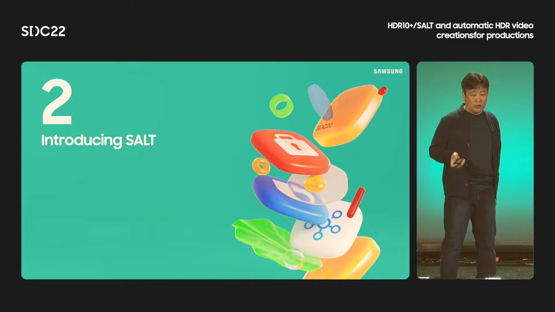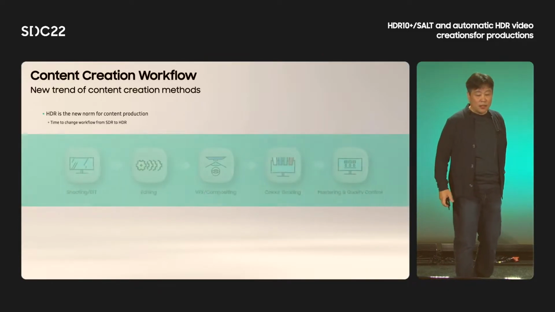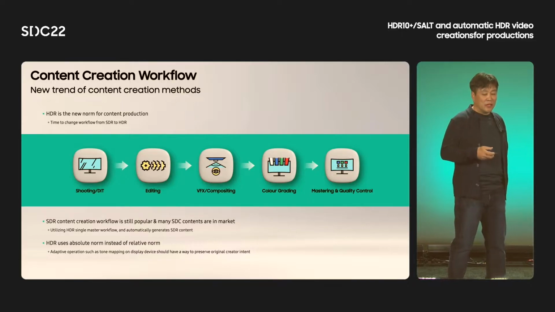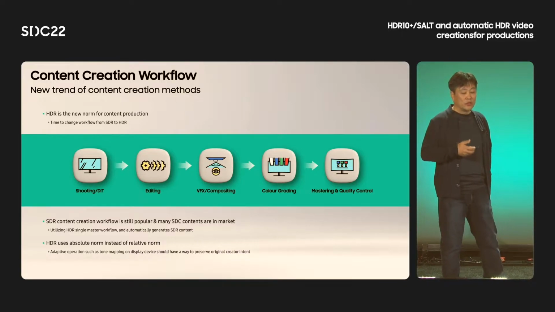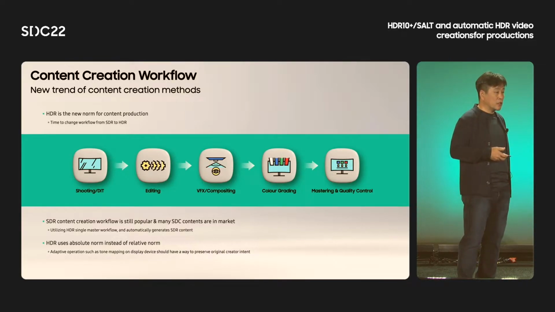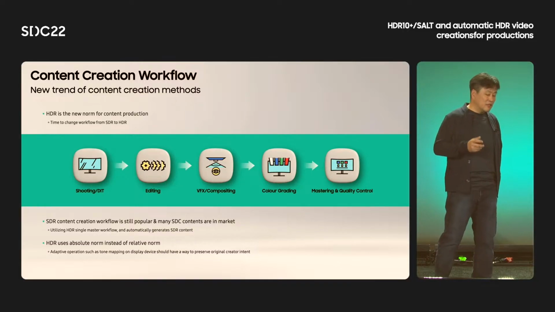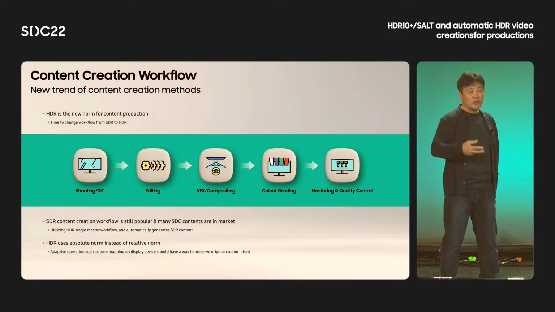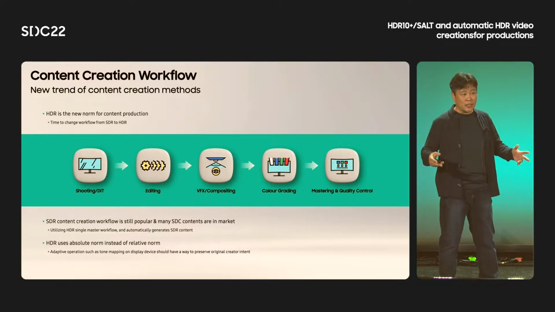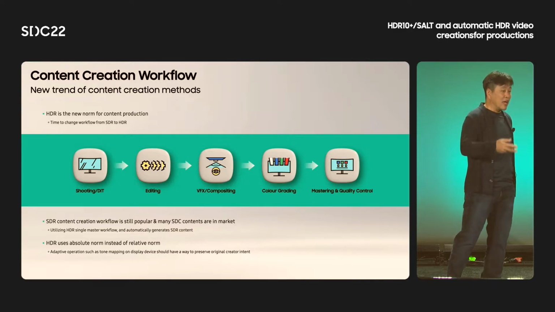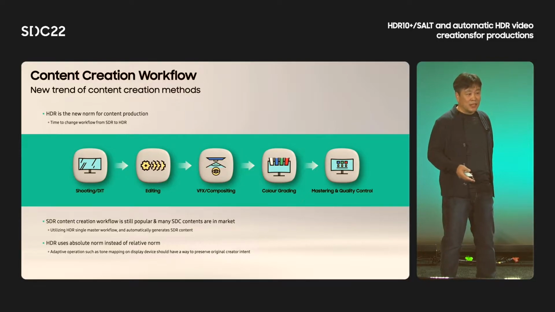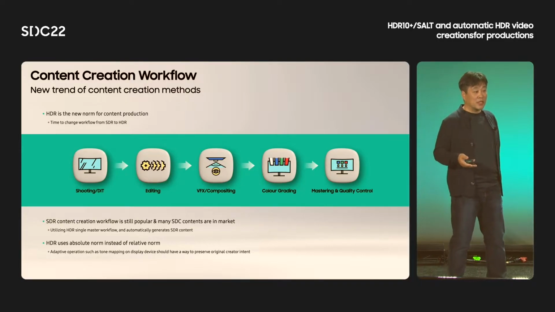Okay, so if you look at the current content creation industry, nowadays HDR is a kind of new norm for content production. The interesting thing is, even though the content providers and creators developed the new HDR creation process, there is still a lot of SDR content process in the market, which means they still produce a lot of SDR content.